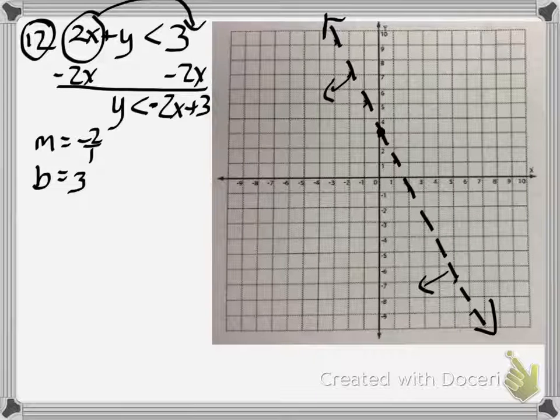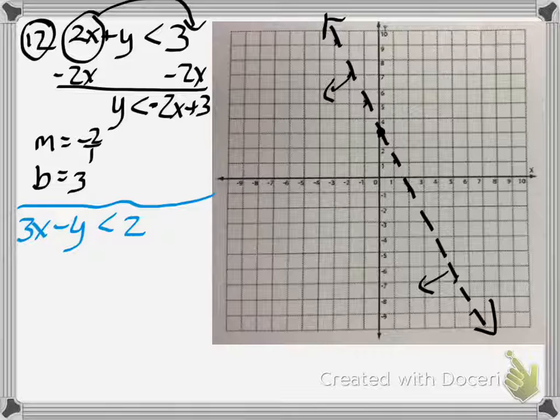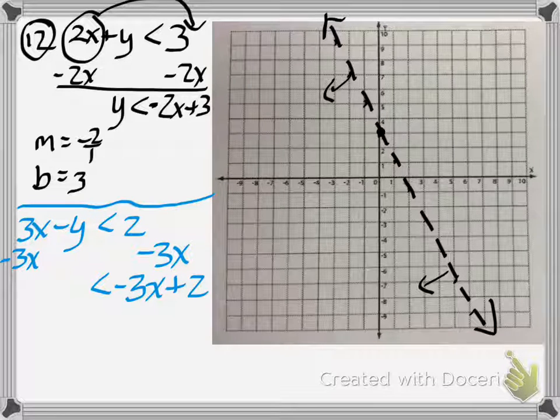The other one is 3x minus y is less than 2. So I need to get my y by itself. So I need to move the x to the other side. It's a positive x, so I need to subtract 3x from both sides. Or when it comes over, it's negative, whichever way you do it. You don't have to show that step unless you need it. The 2 was positive, so that's the reason I have a plus in front of my 2.